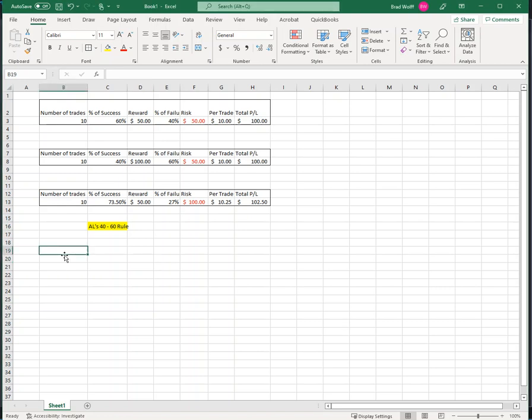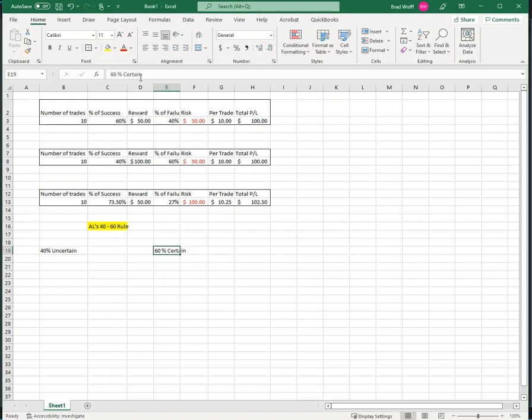Now, you can break the 40 to 60% rule down to three categories. 60%, I'll put over here, is certain, or confident, if you want a different word. And 40% is uncertain.